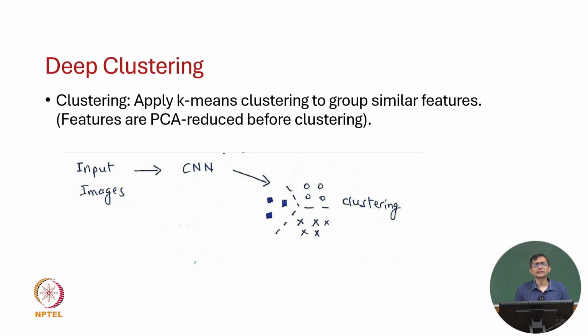So here I've shown 3. It could of course be a different number. So let's say we apply k-means clustering to group these features. Generally, the features are PCA reduced before applying the clustering.